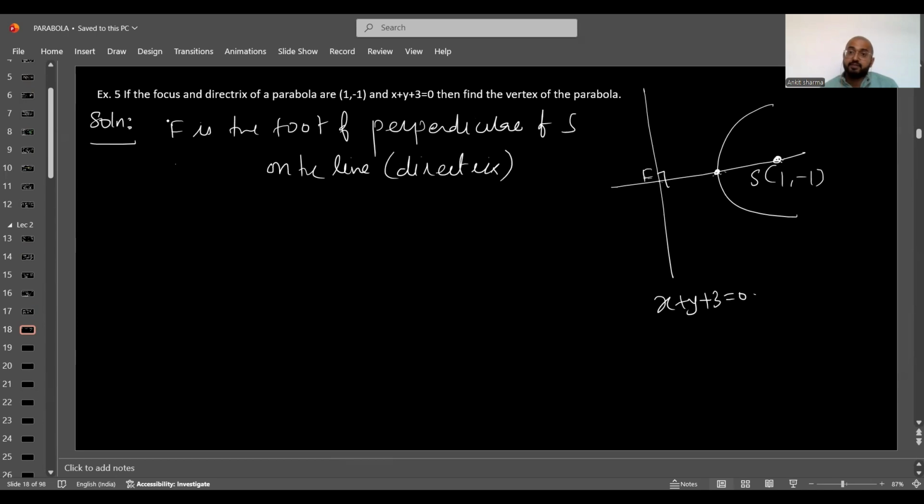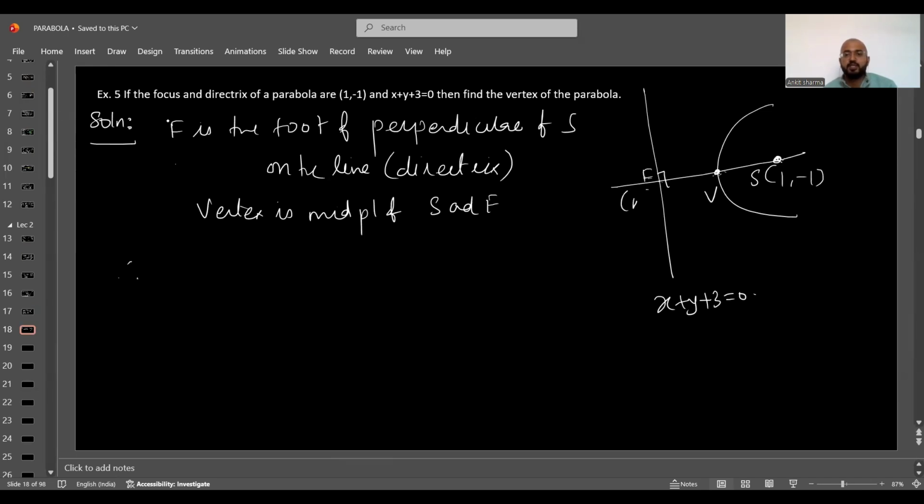Once I get F, I'll take the midpoint of F and S to get the vertex. The vertex is the midpoint of S and F. So let's go ahead and find the foot of perpendicular.